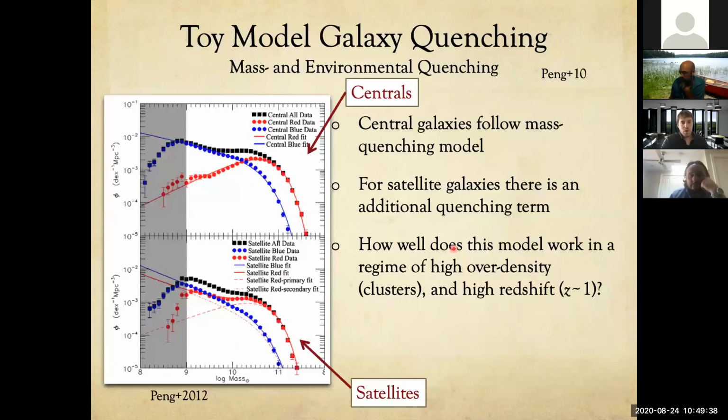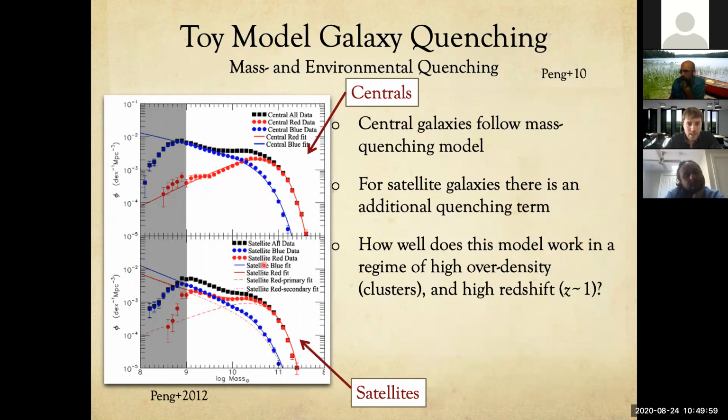So this model works quite well to reproduce the stellar mass function of central galaxies in Sloan. That's shown here as the data points, split between red and blue galaxies, and the model shown here in the solid line reproduces the data very well.